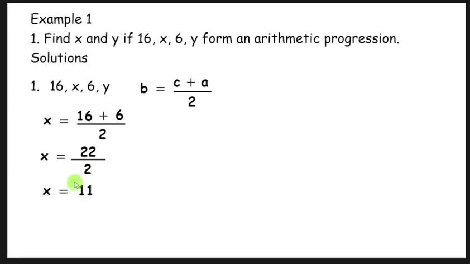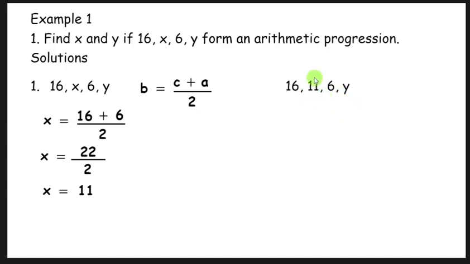Meaning we have found that x is 11. Here we now have 16, 11, 6, y. Let's find y. We consider these 3 terms again, starting from 11, 6, y.